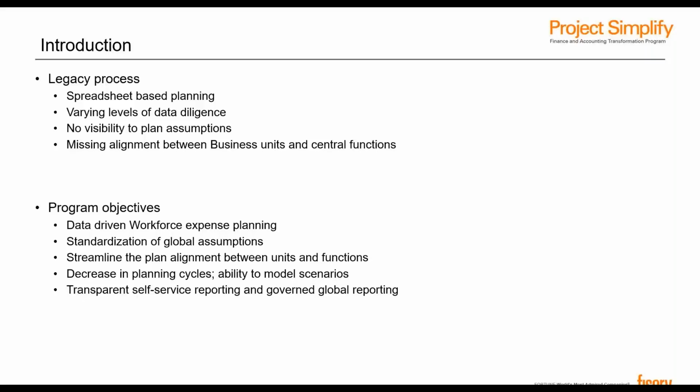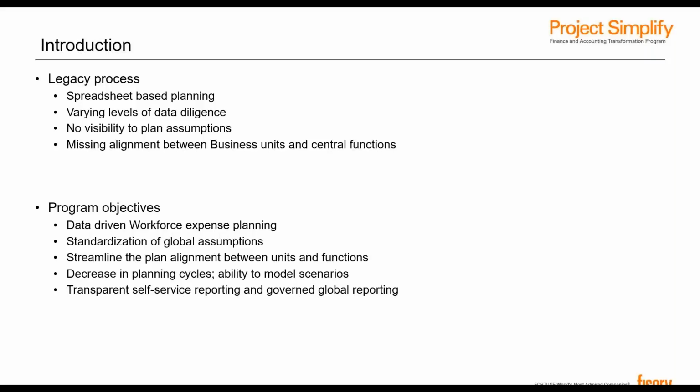So what we have taken on is to cure some of these limitations or constraints we experience with our legacy process. Mainly, the legacy process has been very much spreadsheet-based planning offline, so it doesn't lend itself to uniform application of data diligence, or even the ability to drill down and see how much data diligence was applied by any given business unit or a financial analyst.